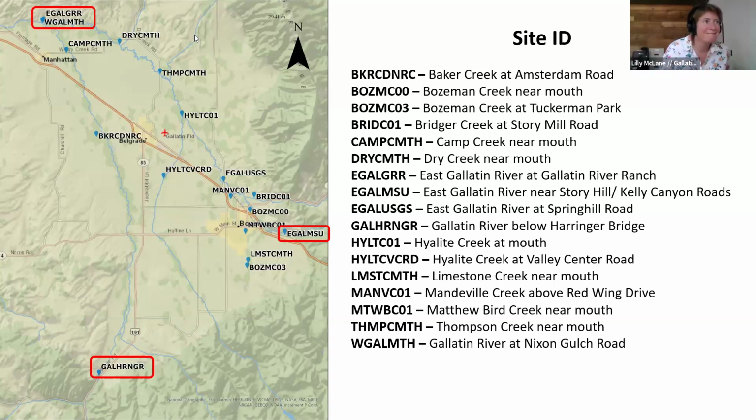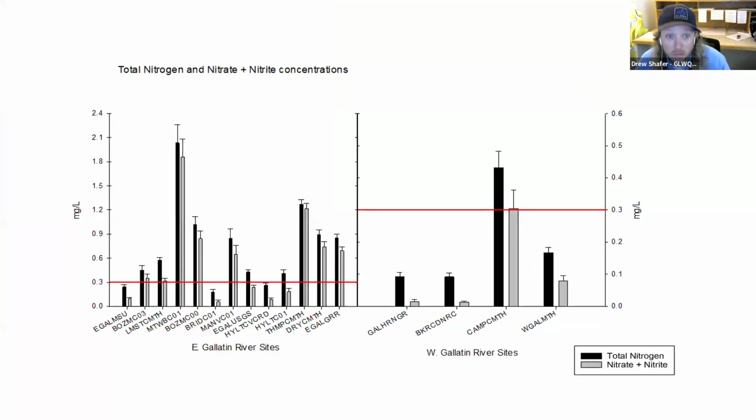So on our next slide, I want to hit on total nitrogen and N+N concentrations. To get everybody viewing the same thing here, sites are in relative down gradient order along the x-axis, and we're going to be reading from left to right. In the left pane are the East Gallatin Watershed sites, and the West Gallatin are going to be in the right pane.